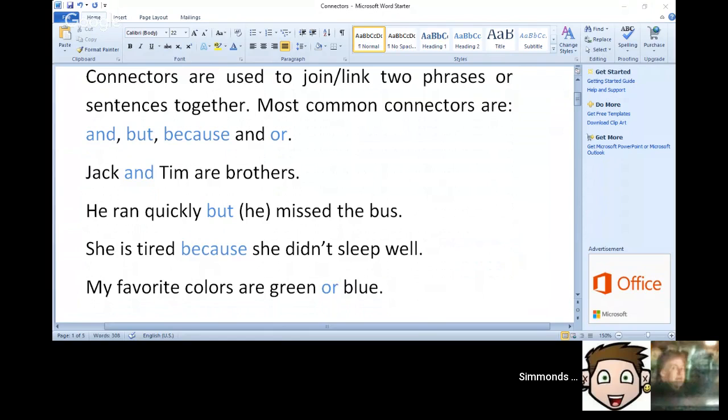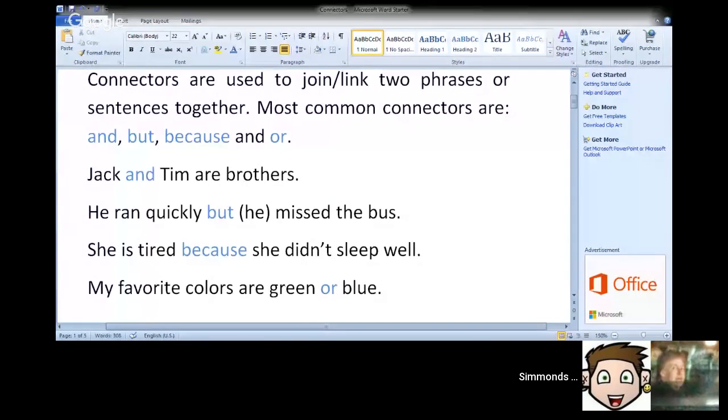Okay. Let's see. The next one is she is tired because she didn't sleep well, for example. So that's giving us a reason why something happened. And in this case, if you say she is tired, she didn't sleep well, it sounds very robotic. It sounds a little bit too short.